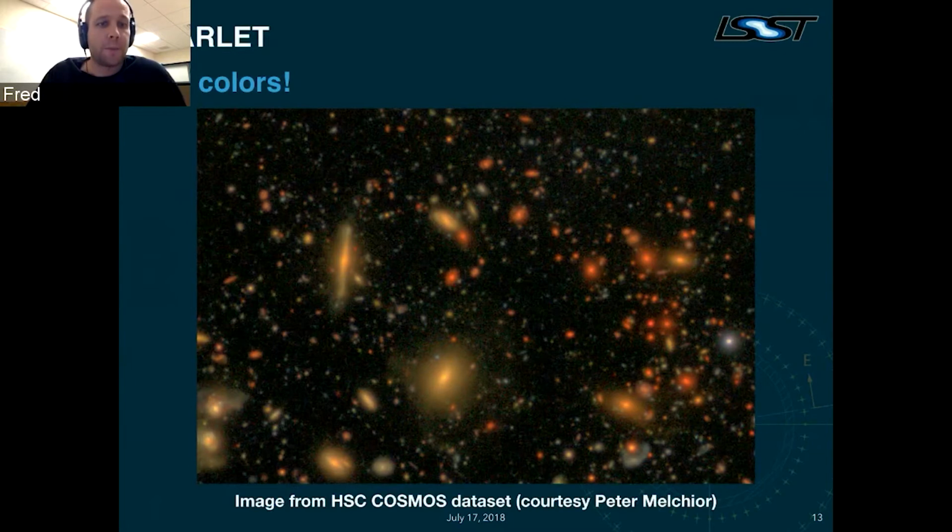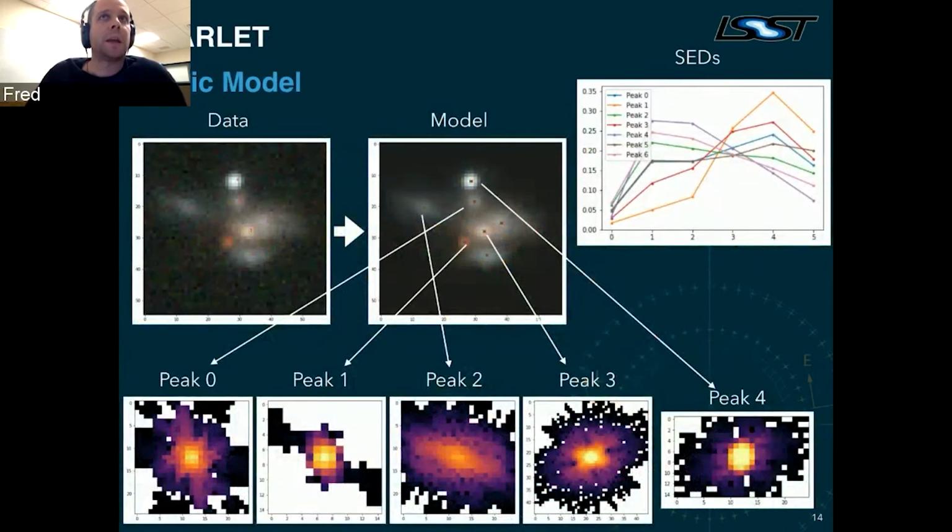The basic model that we use is we say that every object is going to be made up of components. It may be just one component for a star. For a galaxy, you may have a bulge and a disk. However you end up breaking stars and galaxies up, we say that they're a collection of components.